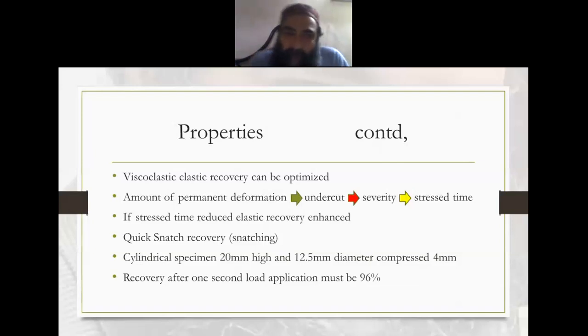This is viscoelastic recovery, and it can be optimized through four parameters: number one, the amount of permanent deformation, the presence of undercut, the severity of undercut, and the stress time.